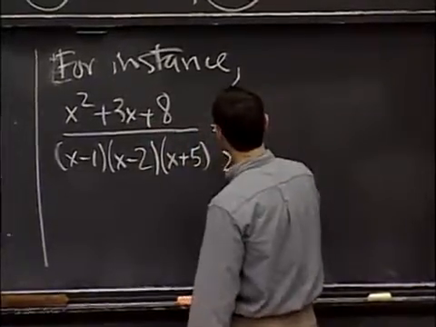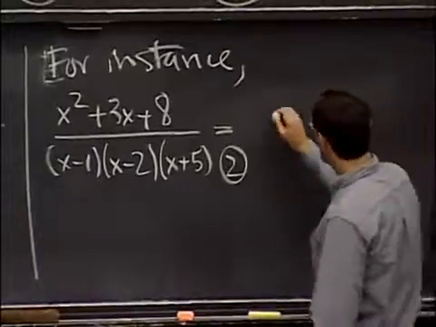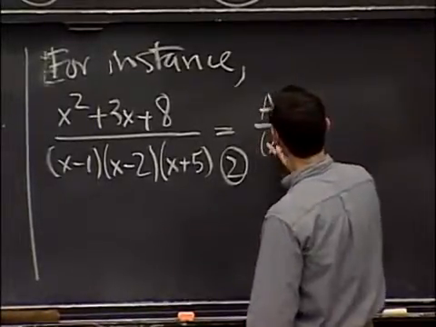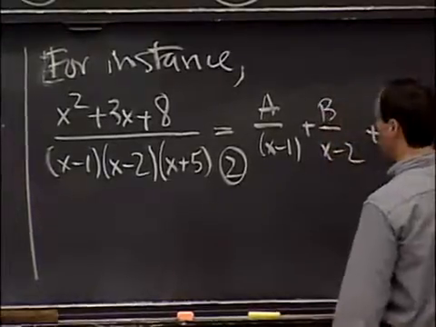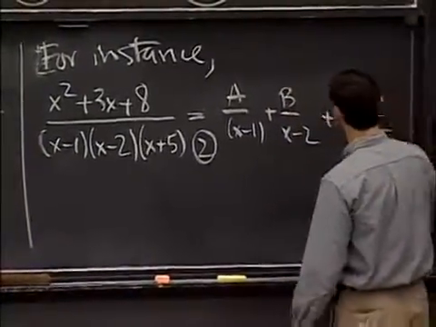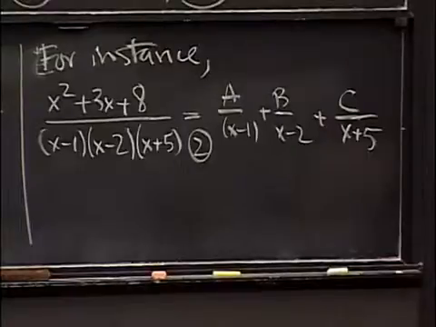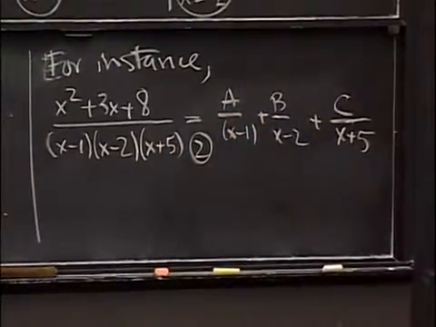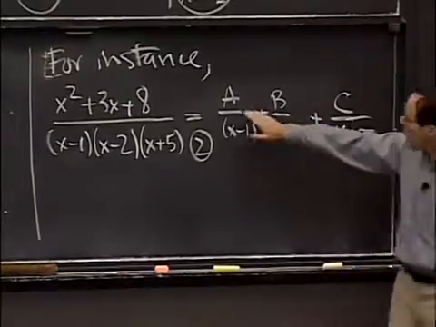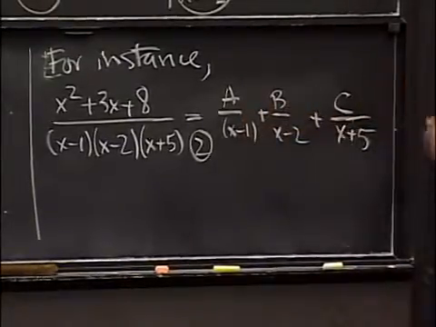So here I'm going to tell you the setup. The setup is going to be a over x minus 1 plus b over x minus 2 plus c over x plus 5. And it will always break up into something. So no matter, however many factors you have, you'll have to put in a term for each of those. And then you can find each number here by this cover-up method.